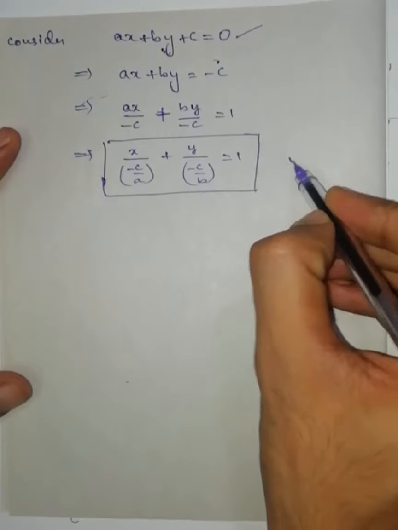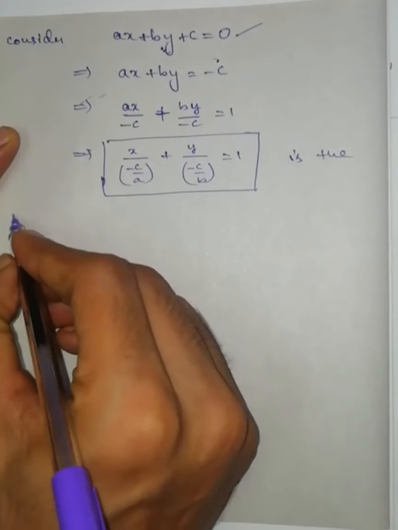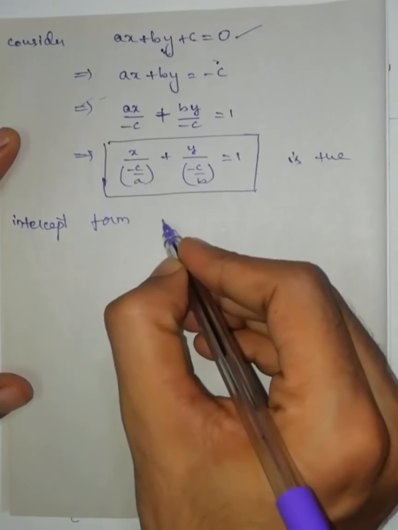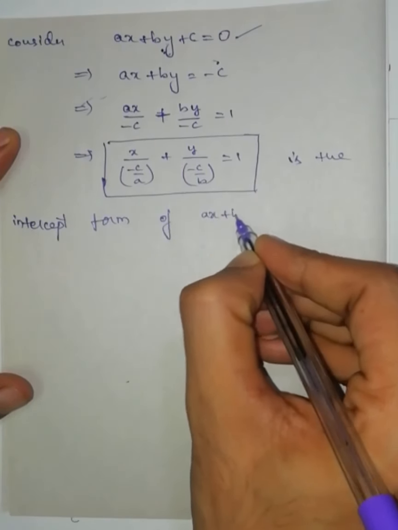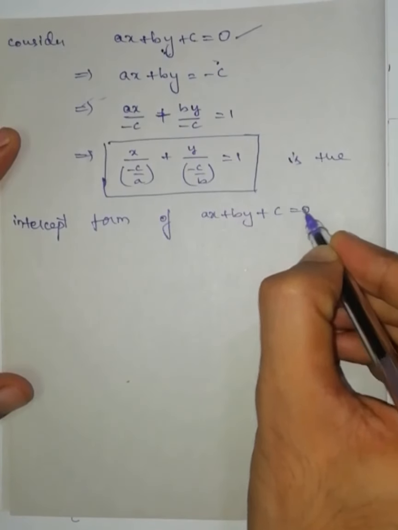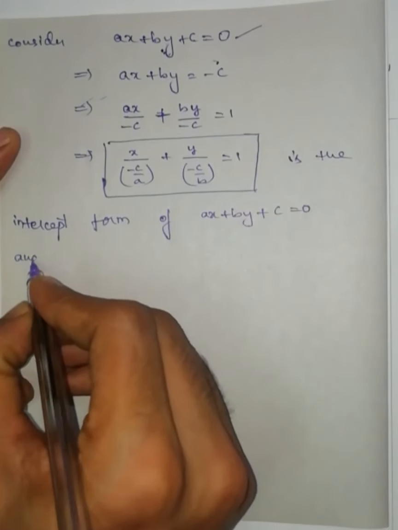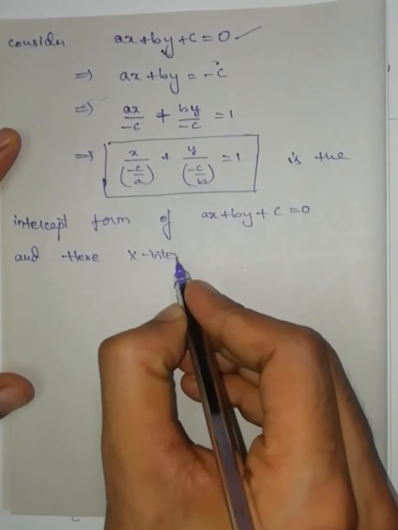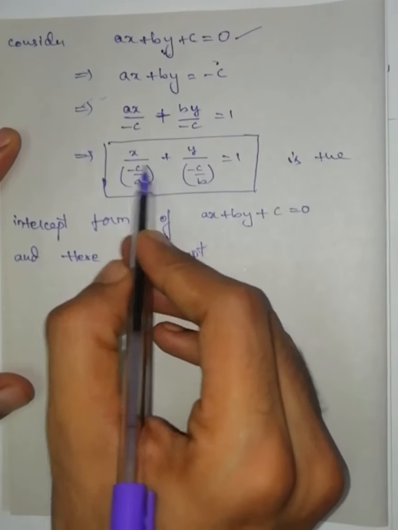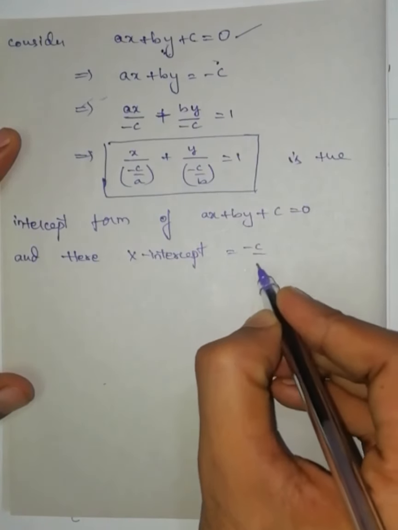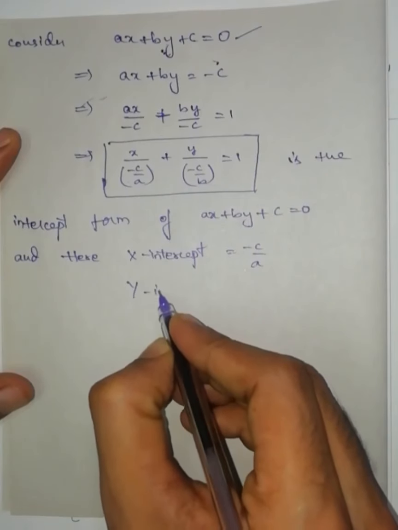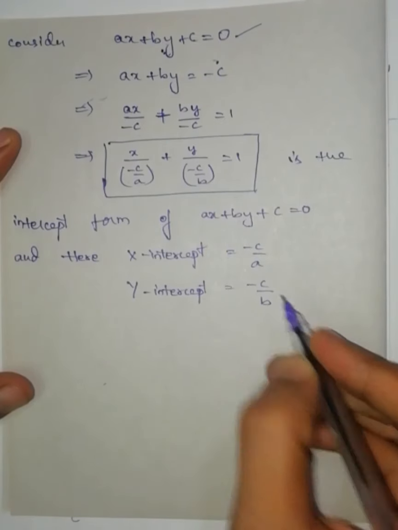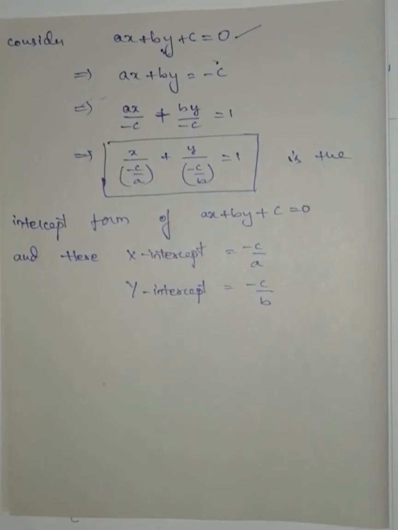This is the intercept form of ax plus by plus c is equal to 0, and here the x intercept is minus c by a, and the y intercept is minus c by b.